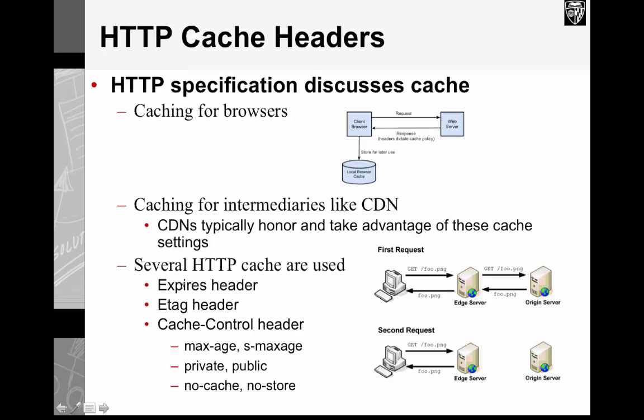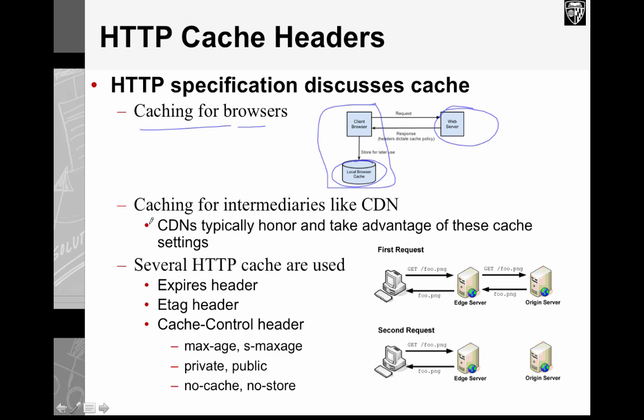Cache is extremely important. HTTP defines cache and how cache can be used. It so happens that there are different kinds of caches. You actually have cache within a browser. Your client browser also has a cache. Your web server, in this particular case, let's say doesn't have any cache. It's really serving whatever the content you're asking for it.